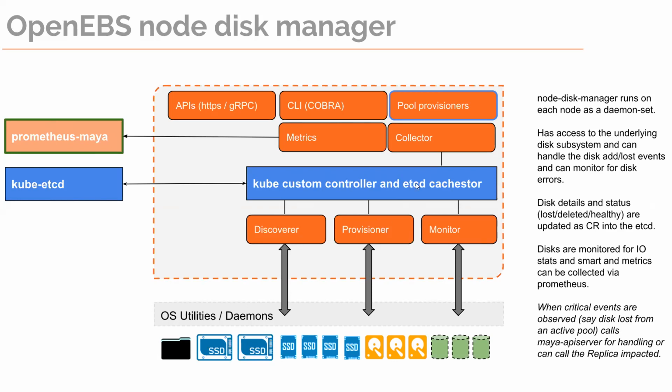And once you have the disk objects, pool provisioners, which are also going to be part of the node disk manager, would give a way to pull them together, and then dynamic provisioners are going to hook in tandem with pool provisioners to create the persistent volumes.